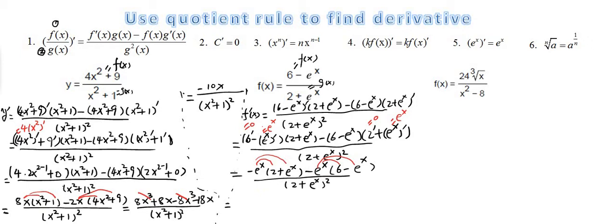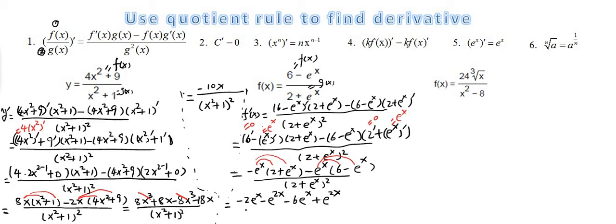So we're going to get negative 2e^x, and here will be e to the power 2x, and here will be 6e^x, and here will be negative, positive, e to the power 2x.